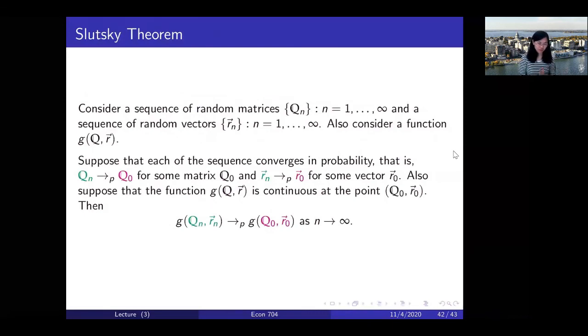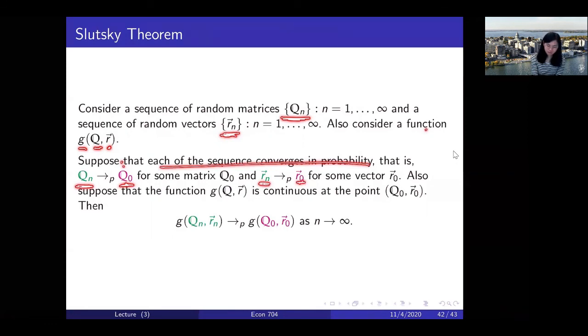We talked about one version of the Slutsky theorem, and here is another version, which is basically the same as before, just in a different notation. To introduce the Slutsky theorem, you consider a sequence of random matrices Qn, a sequence of random vectors Rn, and also a function g of Q and R. Suppose that each of the sequences converges in probability, so the random matrix converges in probability to a non-random matrix Q0, and the random vector converges to a non-random vector R0.